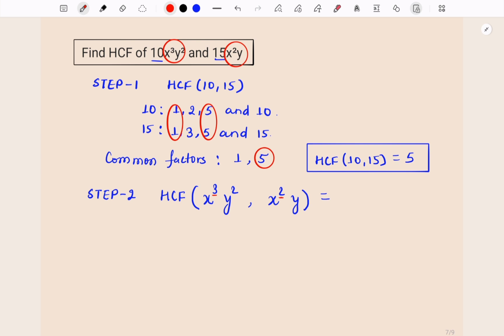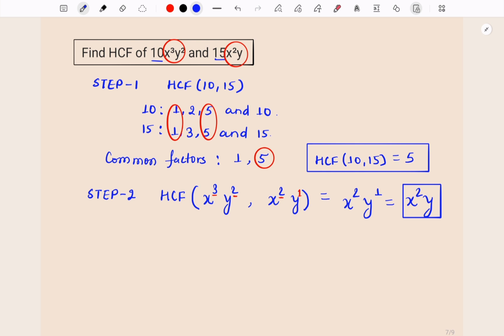According to the rule, I must take the smaller power, so I will take x squared. For y, here we have y squared, and here we have y raised to the power of 1. So I will take the smaller power of y, that is y raised to the power of 1. So this is x squared y, and x squared y is the HCF of x cubed y squared and x squared y.